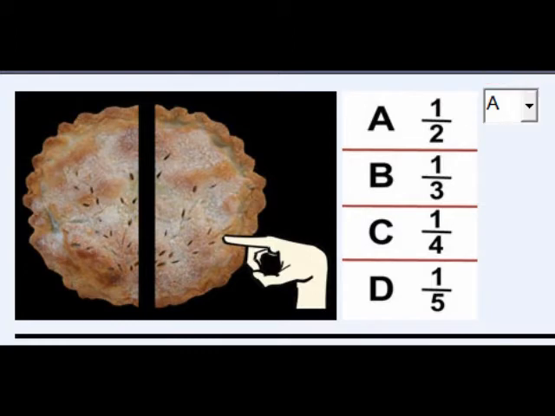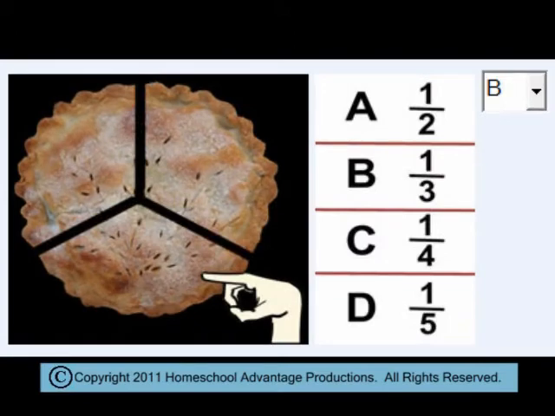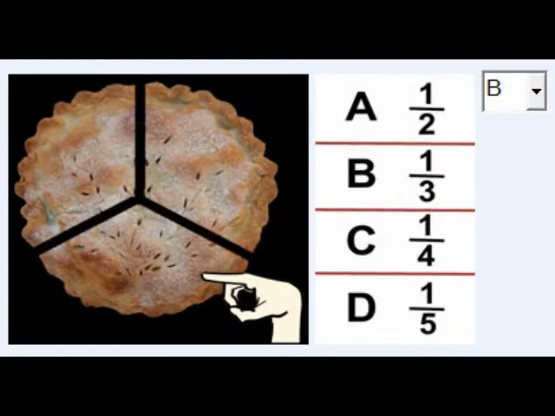If the hand is pointing to 1/2 of the pie, then select A in the answer box, because A is for 1/2. If the hand is pointing to 1/3 of the pie, then select B in the answer box, because B is for 1/3.